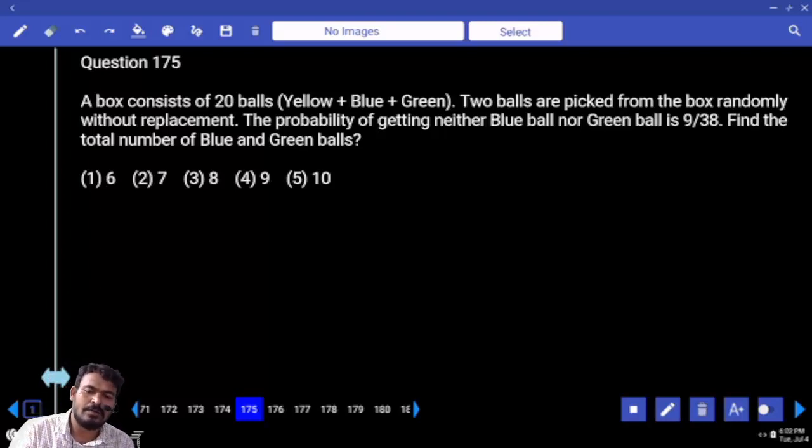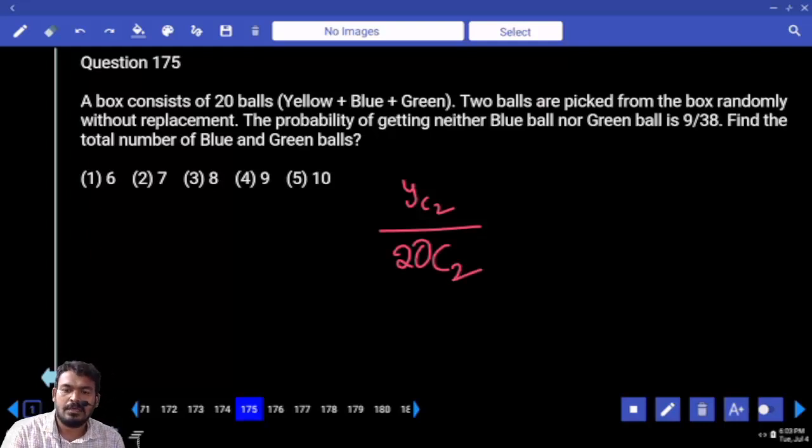In the 20 we consider yellow value y. Number of yellow balls are y. Out of y we choose how many balls? 2 balls, sir. Then we write yC2 by total how many balls? 20C2. Event size by sample size, yC2 by 20C2, that is equal to, what is the probability? 9 by 38.